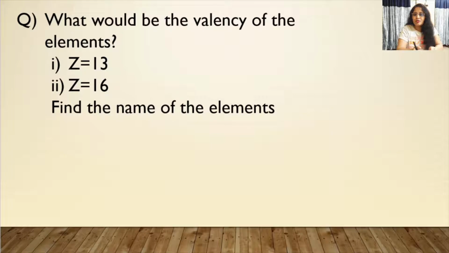This is called the octet. So for achieving this octet, some atoms give extra electrons outside and make cations. Some take electrons to make the octet and become anions, and some elements share their electrons with other elements to achieve the octet.